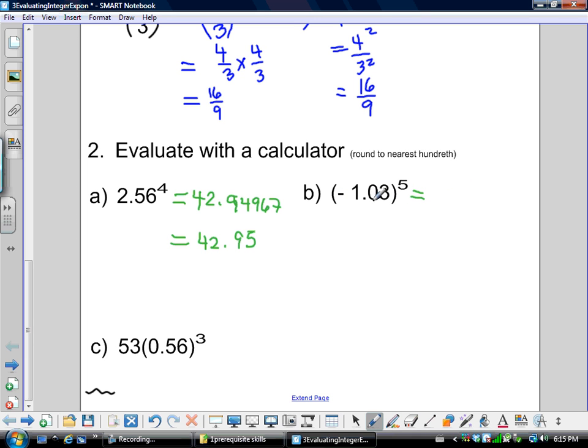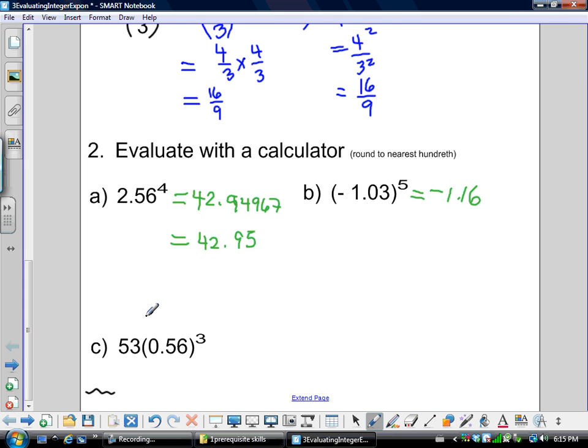And the way you can tell whether your calculator does that, if you calculate this and you end up with a positive number, it's wrong. Okay, so I have an odd power, negative base. I'm going to have a negative answer. So I have negative 1.1, and to the nearest hundredth is going to be 6.